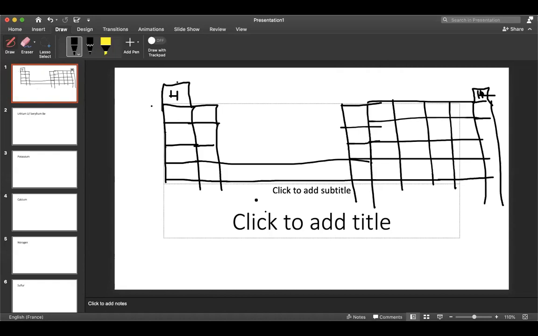Then what follows helium? Lithium. There's lithium. Then there's beryllium. Then there's boron. After boron, you have carbon, nitrogen, oxygen, fluorine, neon.